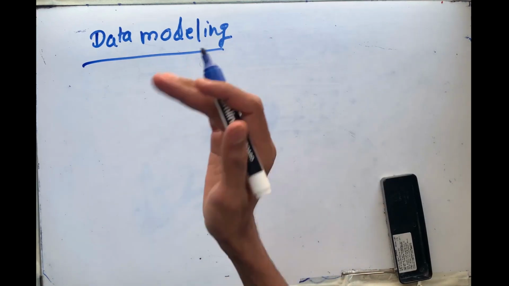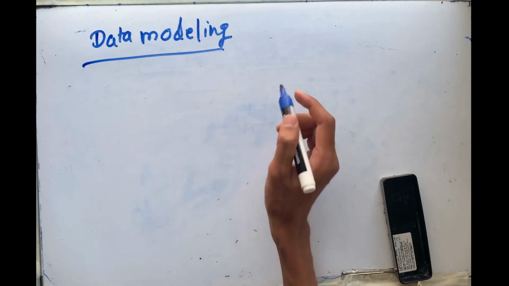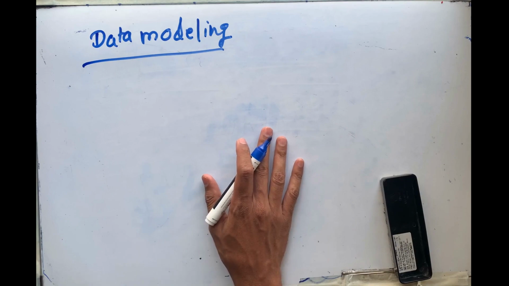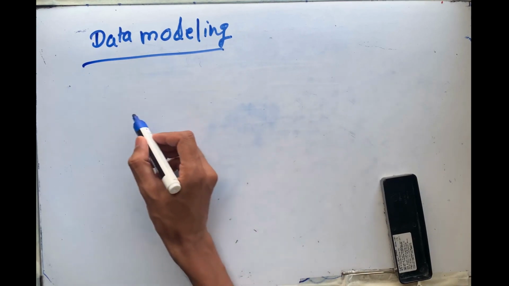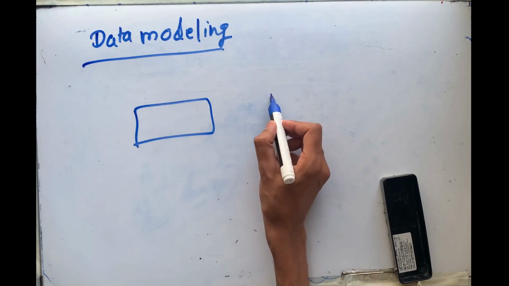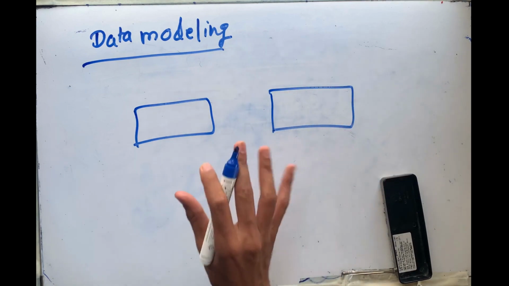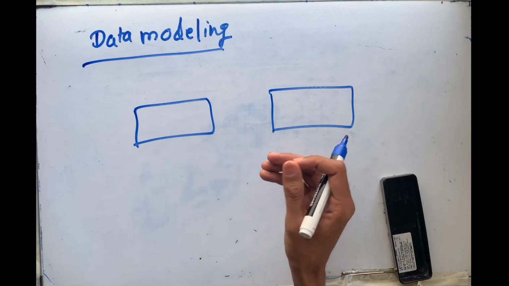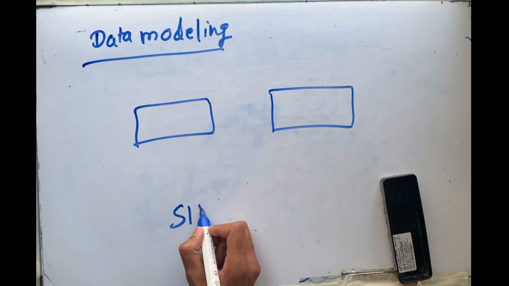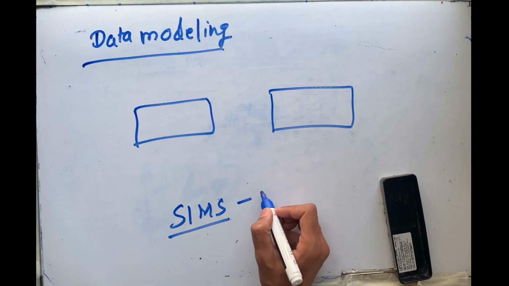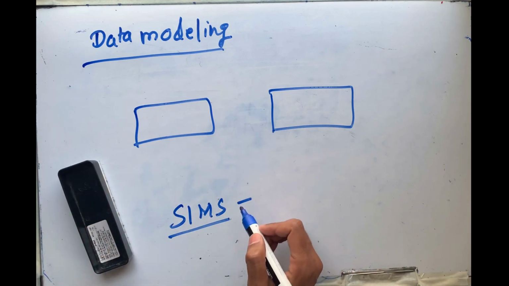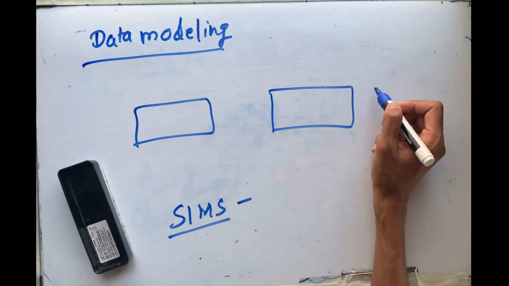Data modeling. Why does data modeling come into the picture? We have to design the database, this is our objective. That's why we have to model the database. First of all, we have to identify the different entities of a particular system, meaning we have to thoroughly identify. If I have to build a school information management system, then which entities come into the picture. So we need to identify that first of all.